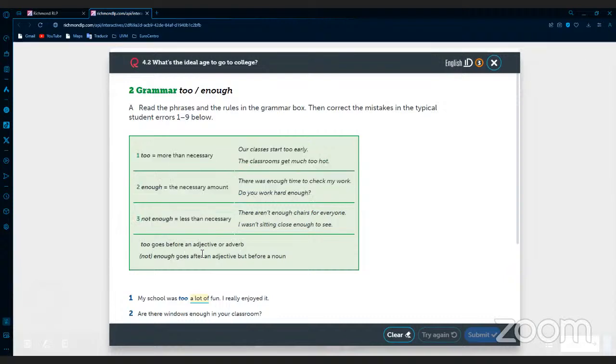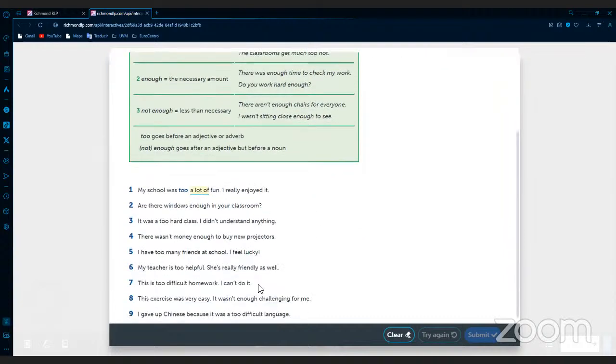Too can go before an adjective or verb, and enough or not enough after an adjective, but before a noun. These ones are very intricate, and you already have them pre-memorized from all the reading and writing you've done. So let's do this little exercise about too and enough.